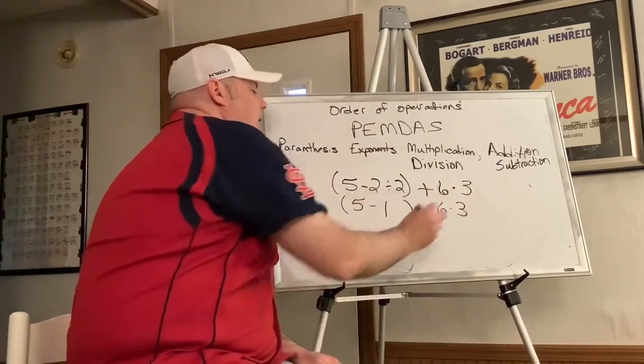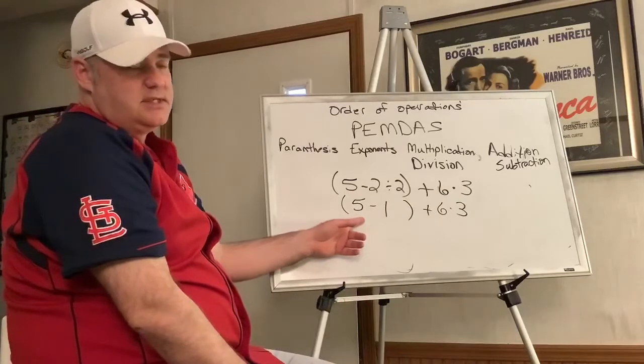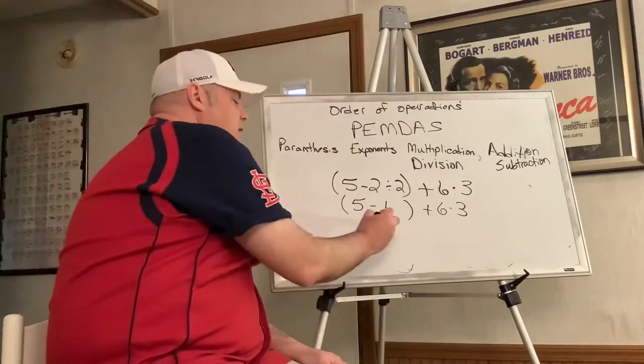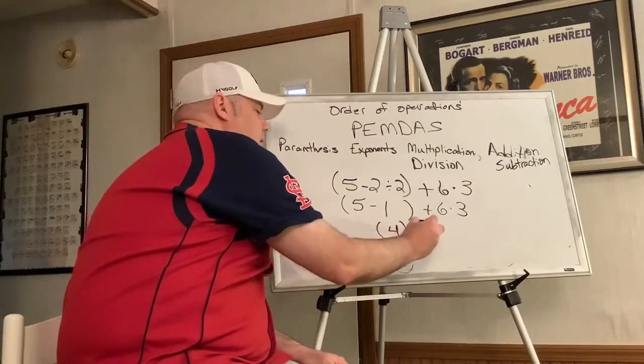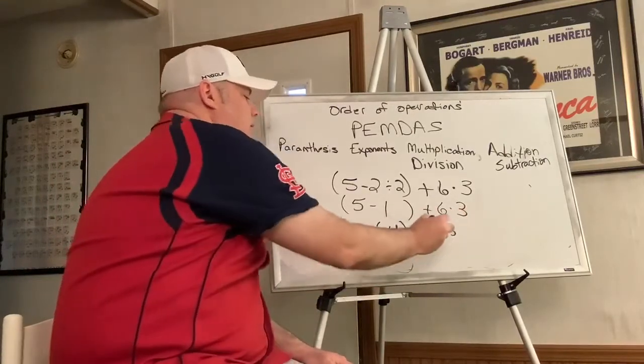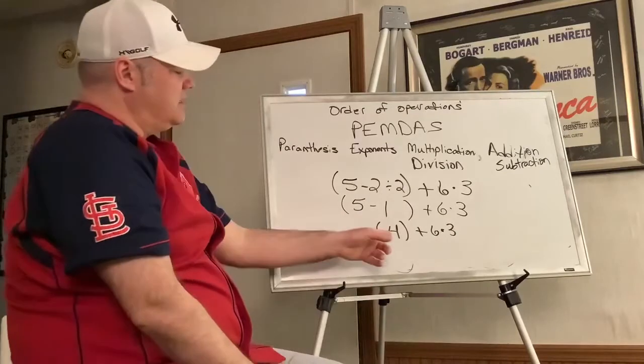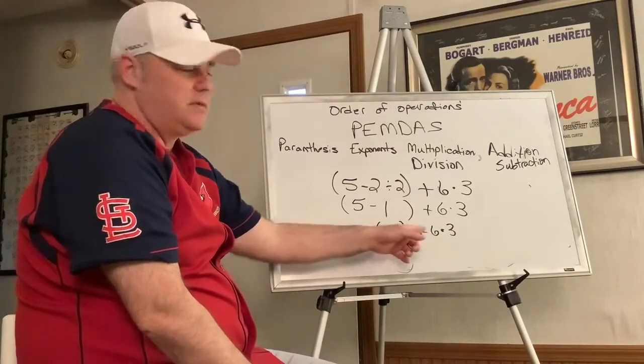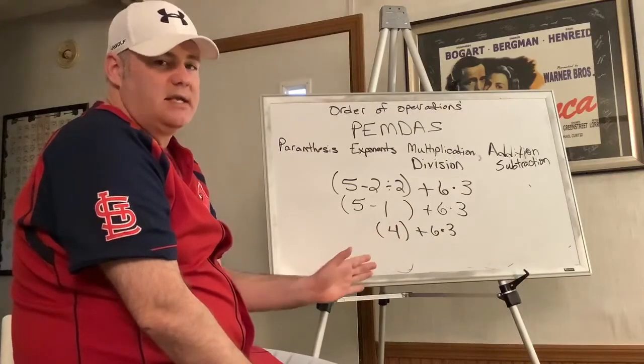Now this is what I meant about being out of the parentheses. We're not out of the parentheses yet, so we need to keep working inside here. So 5 minus 1 is 4. Now, you say, well, does that mean I need to add it to 6 because it's parentheses? We're done inside the parentheses.